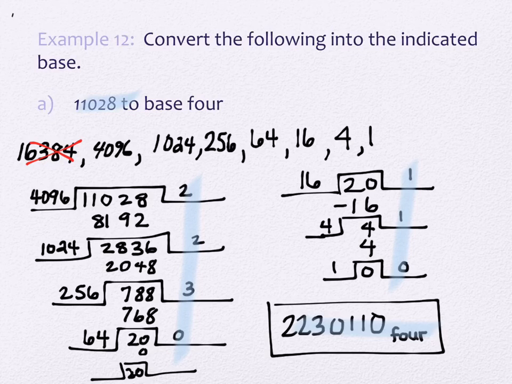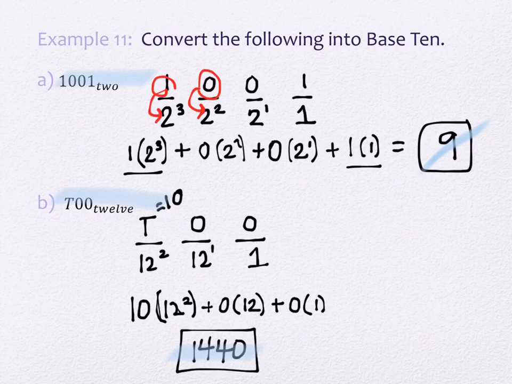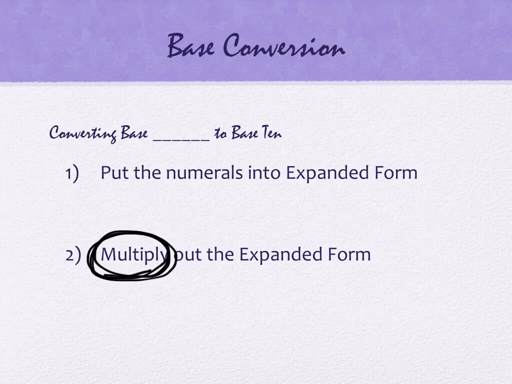I want you to write this down at the very end above your homework on the bottom here. Here's the key that you need to remember. When you're going from base something else into base 10, you multiply. Base 6 into base 10, base 12 into base 10, base 20 into base 10, it's all about multiplication.